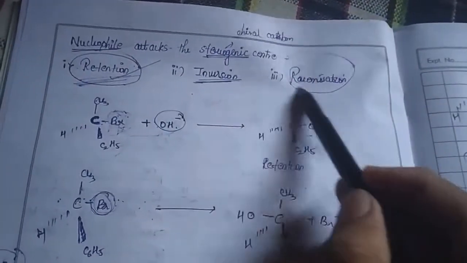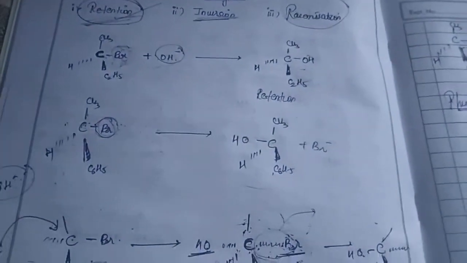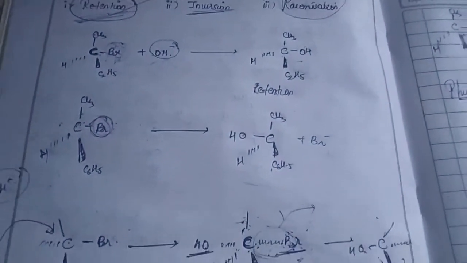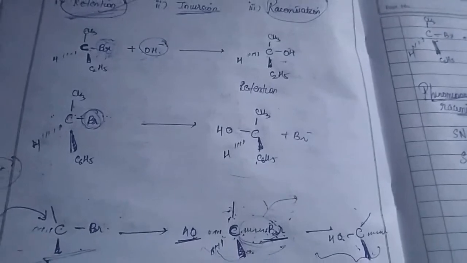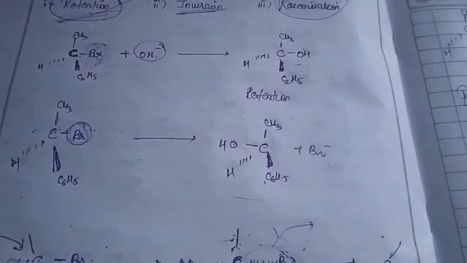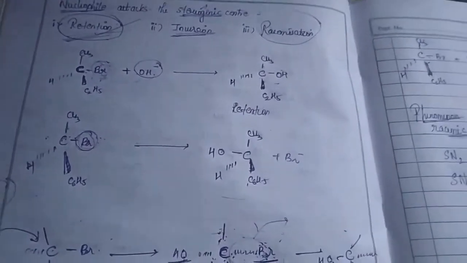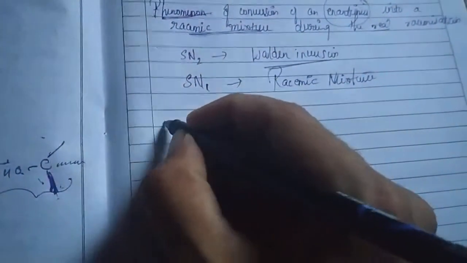And the third is racemization, the process of converting your enantiomers into a racemic mixture during a reaction. Now I think it will be clear when you go through the examples we have given you, the stereochemistry part of SN1 and SN2. I would like to give a note over here.